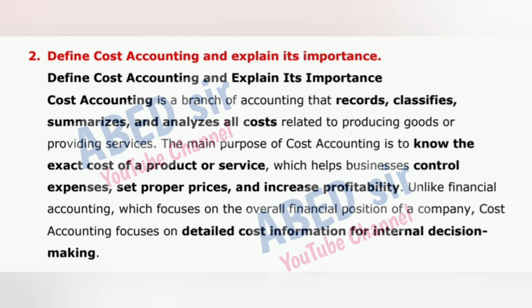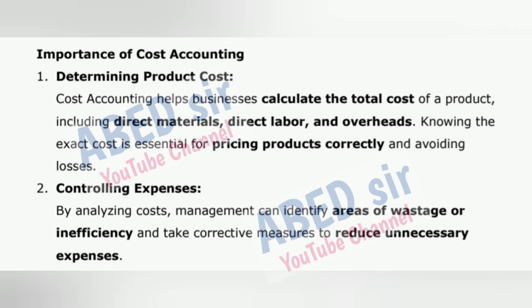The main purpose of cost accounting is to know the exact cost of a product or service, which helps businesses control expenses, set proper prices, and increase profitability. Unlike financial accounting, which focuses on the overall financial position of a company, cost accounting focuses on detailed cost information for internal decision-making.